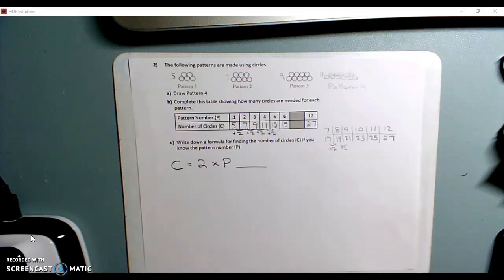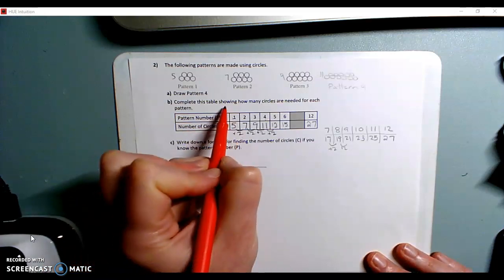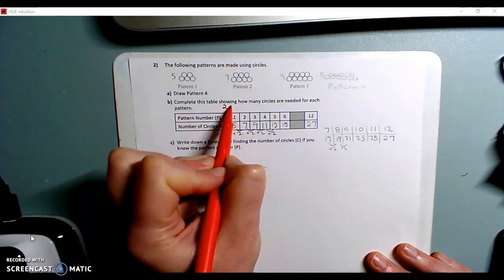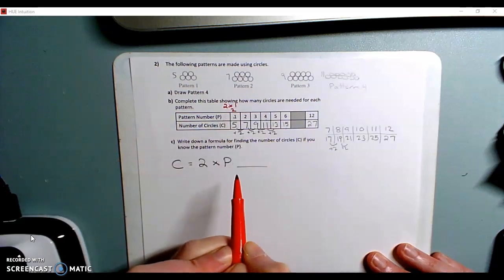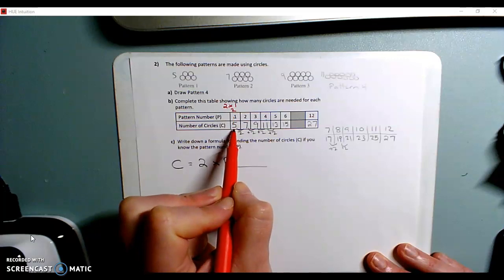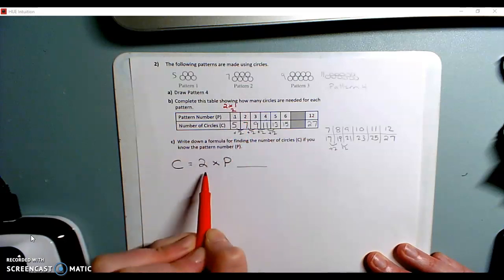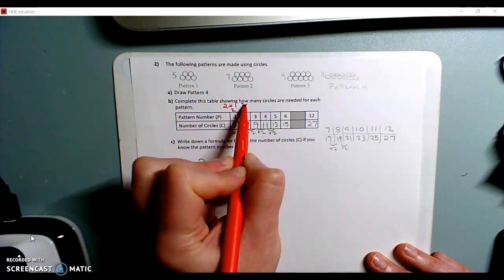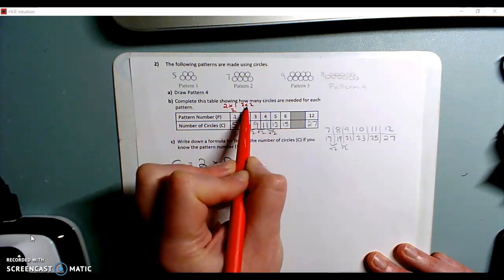So if I take 2 and multiply it by my pattern number 1, I get 2. But that's not how many circles I have. I have 5. Let's look at the next one. If I take 2 and multiply it by my pattern number of 2, I get 4.